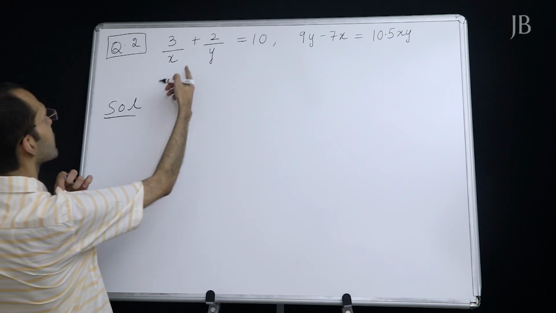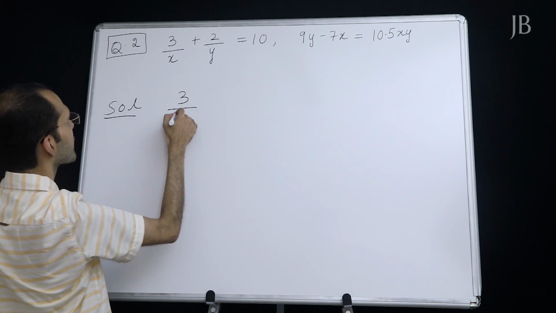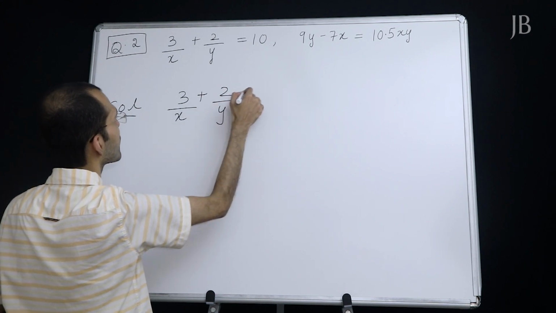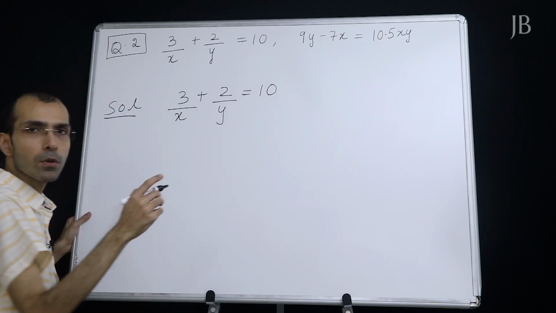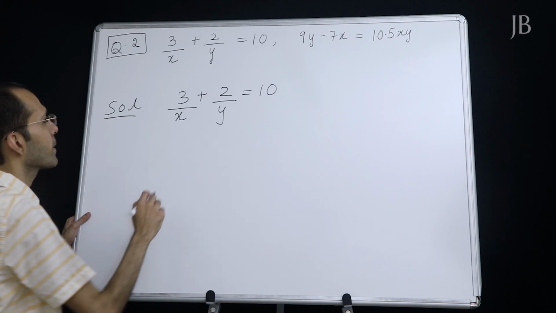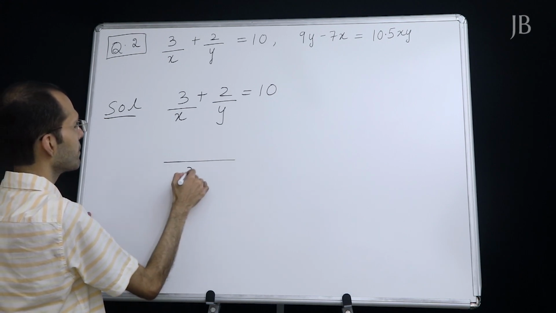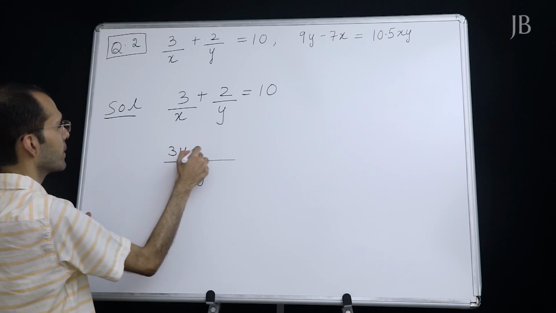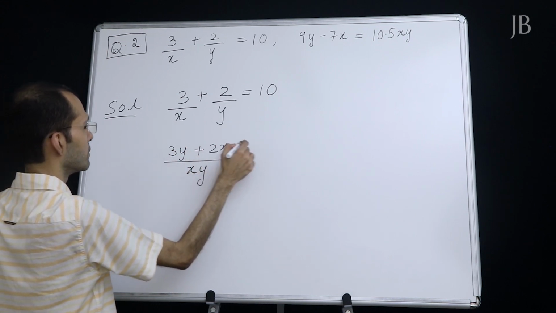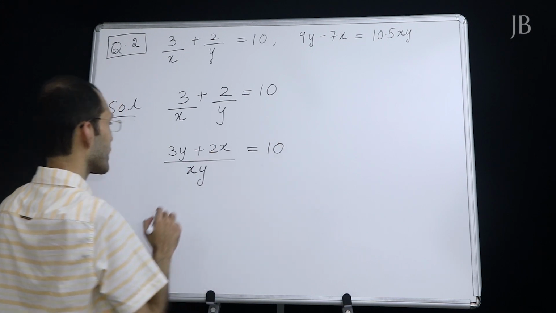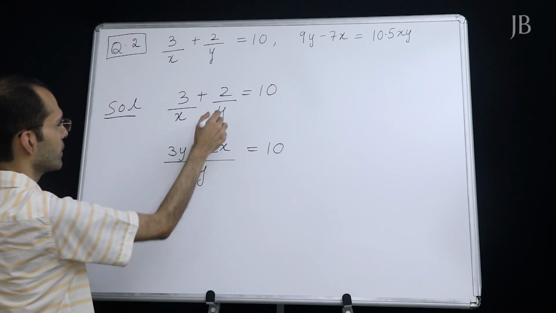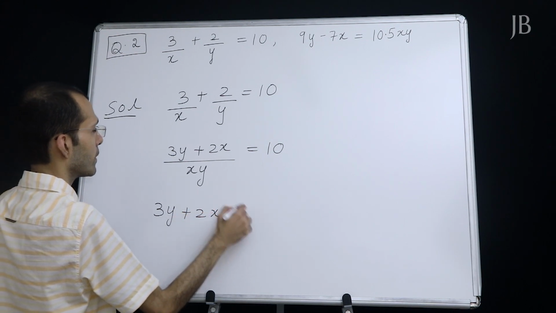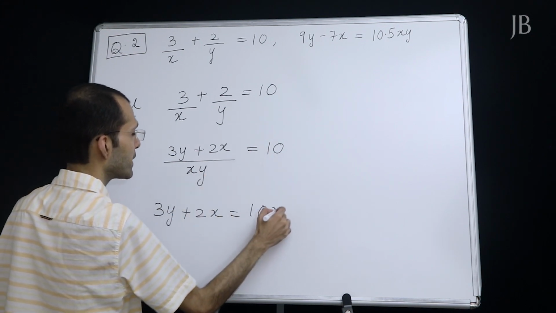So first we'll work with 3 upon x plus 2 upon y is equaling 10. Now you take LCM. LCM will be xy. So it will be 3y plus 2x is equaling 10. Cross multiply, 3y plus 2x is equaling 10xy.